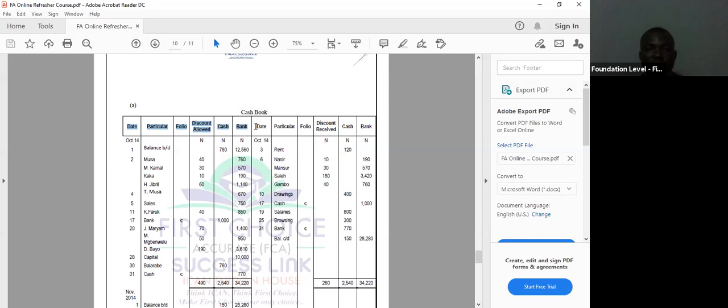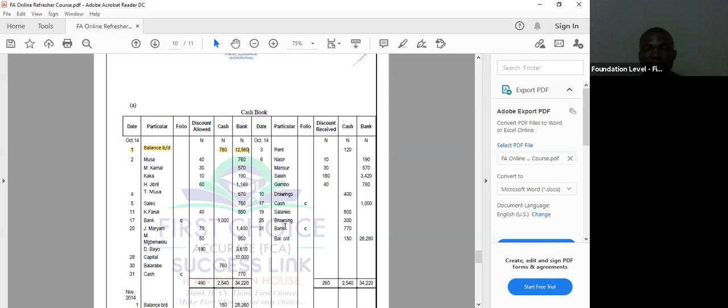Then we repeat the same thing for the credit side. So at the beginning, October 1st, 780 is under the cash column, while 12,560 is under the bank column.